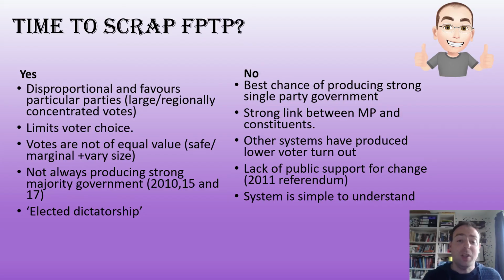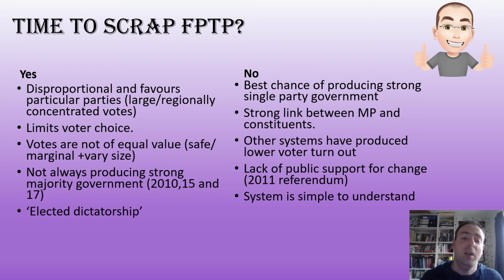Now, first past the post, one of its big claims was that it produced strong majority government. Well, 2010, 2015, 2017 would all suggest that's not the case. 2019, then the first past the post fans can be going, look, we told you it worked and it's all fine.